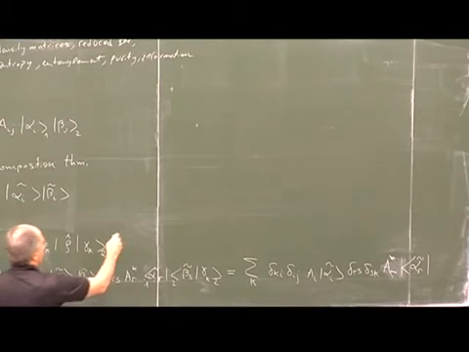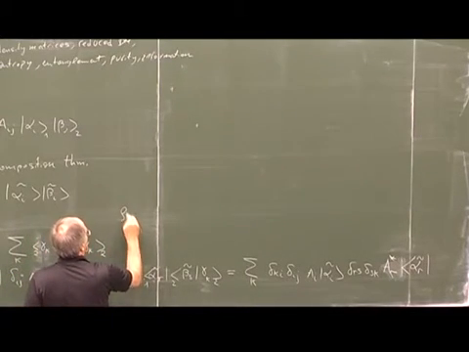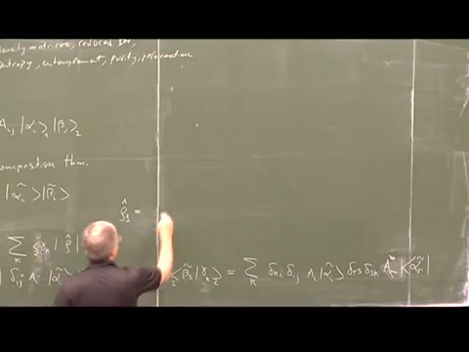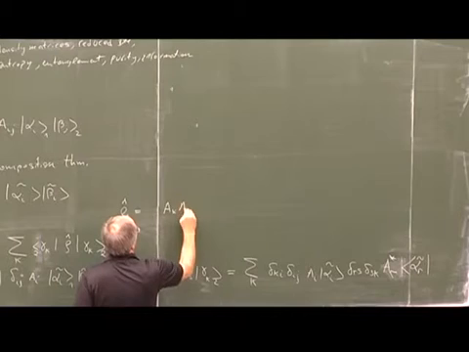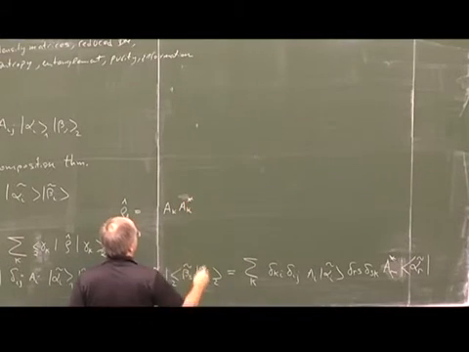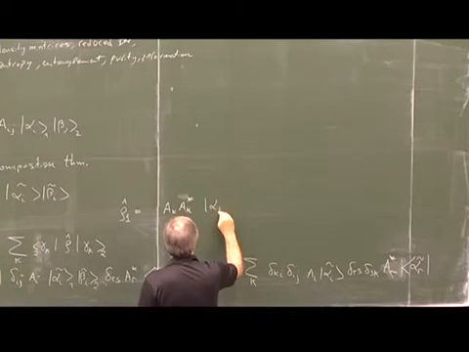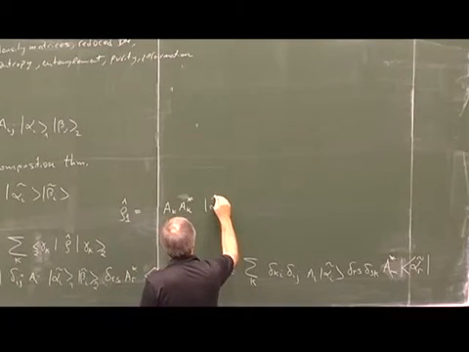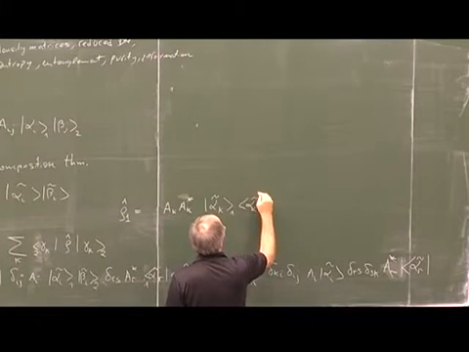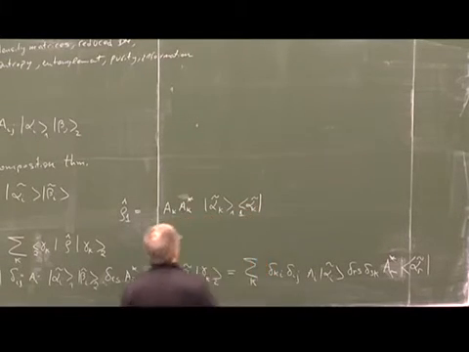So you see the final result here is that rho 1 is equal to the sum of |a_k|^2 times alpha_k tilde 1 alpha_k tilde 1.